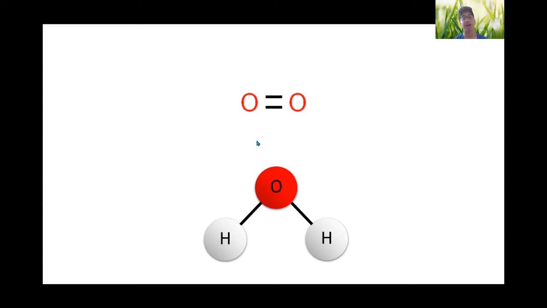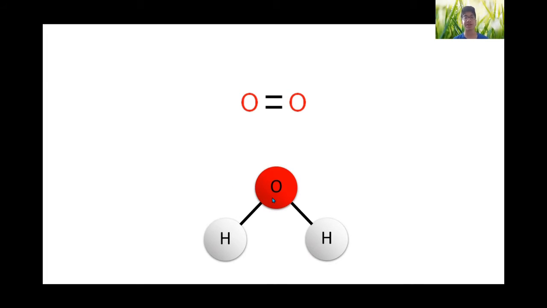Meanwhile, a compound is a substance that consists of two or more different elements bonded together in a fixed ratio. So oxygen gas would not be a compound because there's only one element in this molecule, and that's oxygen. However, water, which is shown right here in this diagram, is both a molecule and a compound. How's that possible?